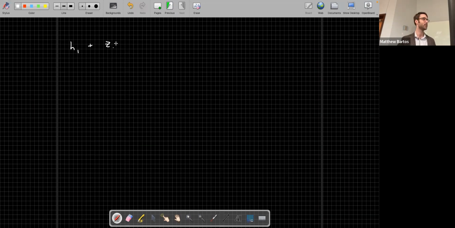Z1. What else? U1 squared over 2G, very good. And at the location where the critical depth is achieved, we have H2, Z2, and U2 squared over 2G.